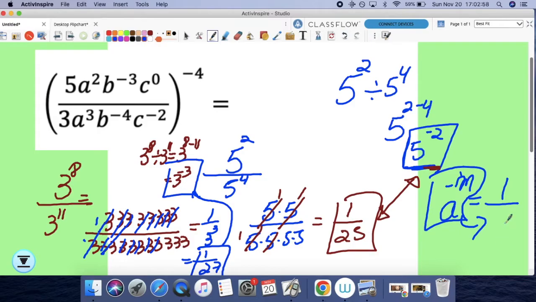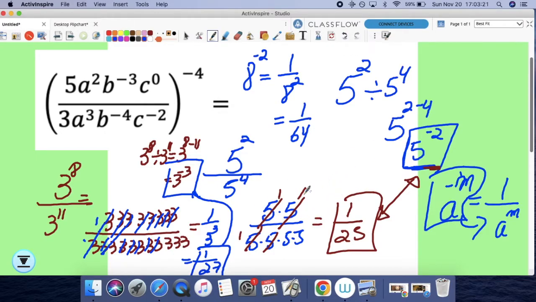That's a shortcut, so it becomes a to the m. So if you had 8 to the negative, I'm going to make an easy one, 8 to the negative second power, that becomes 1 over 8 to the second power. My exponent is now positive, and then that becomes 1 over 64. Okay, so that's how that would work.